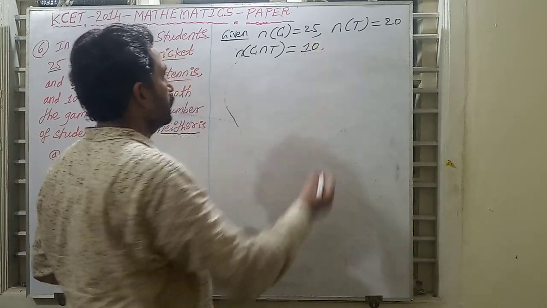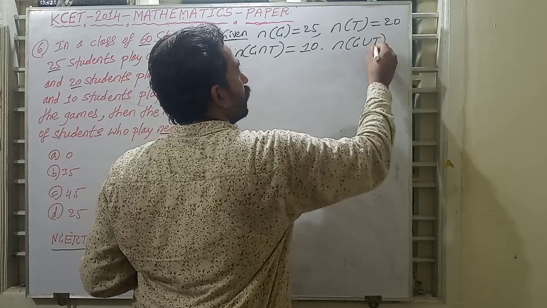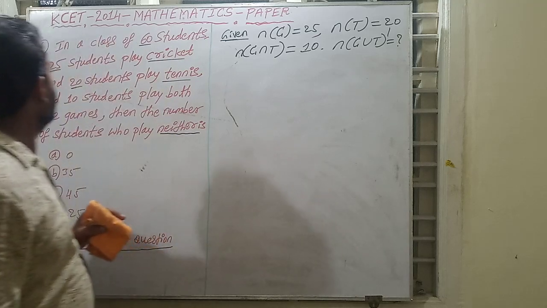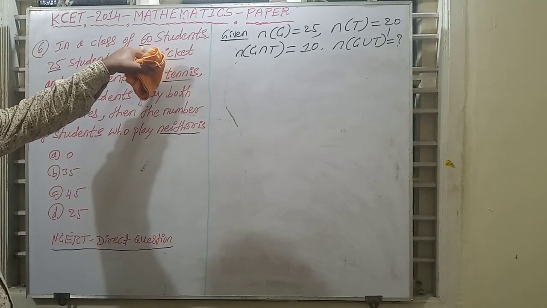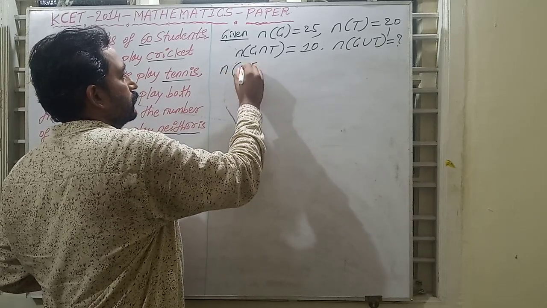We have to find n of C union T whole complement. One more given data: 60 students in the universal set, n of U is 60.